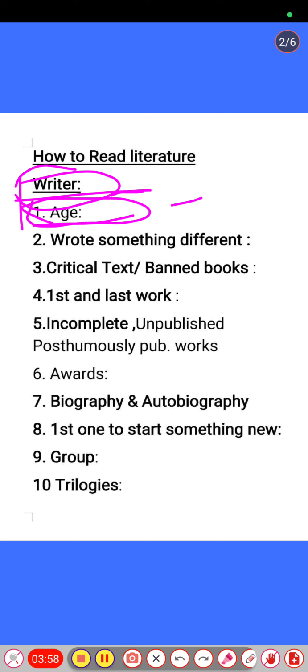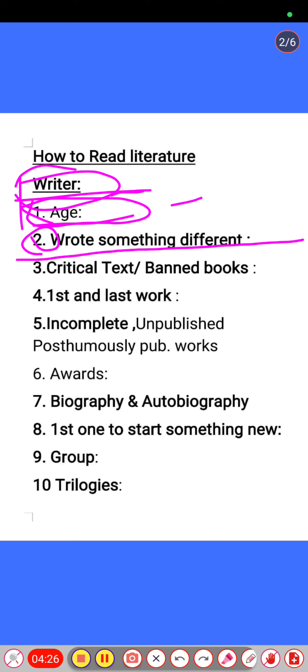Okay, after that, if he or she has written something different. What does it mean when I note that he wrote something different? Suppose a writer has majorly written novels and has published one collection of short stories, then that becomes very important to remember. Suppose you are reading R.K. Narayan.